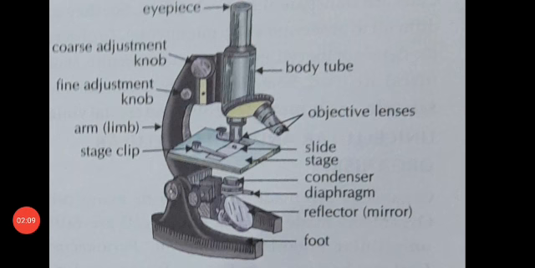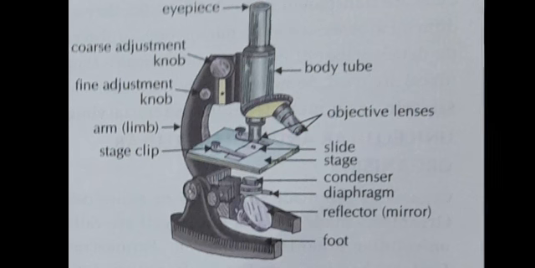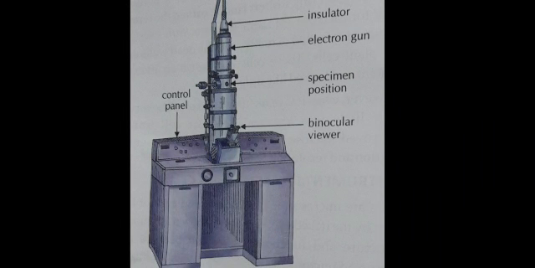Very thin and tiny objects can also be clearly studied in detail by another microscope called an electron microscope. Please have a sharp look on the screen, students. That is an electron microscope. What is the function of this electron microscope?